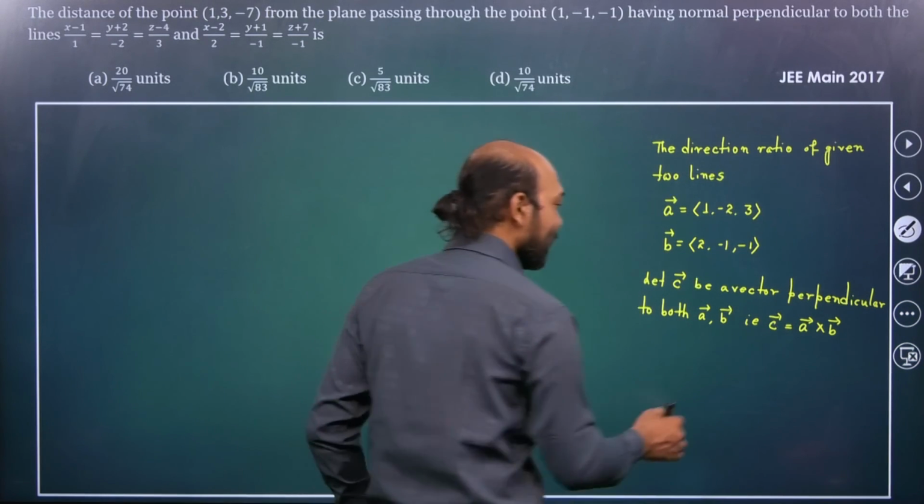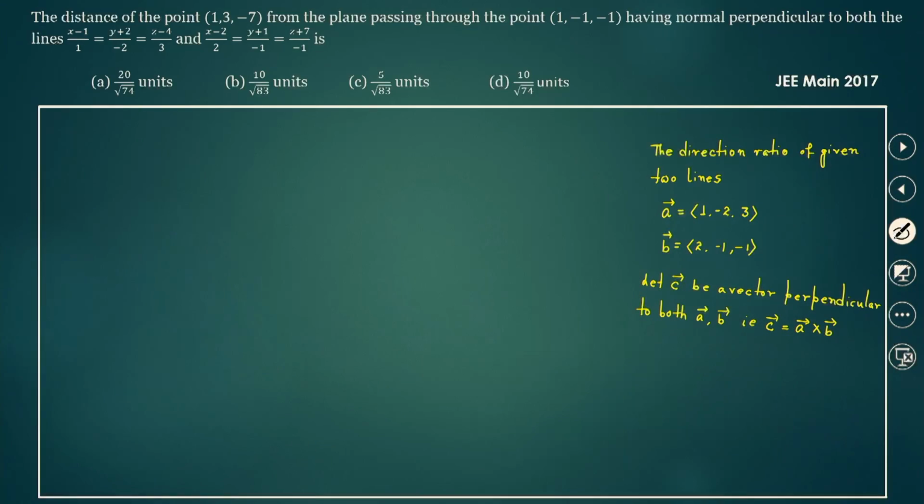So therefore we'll say that this C is the normal vector to the required plane. That's actually our problem.